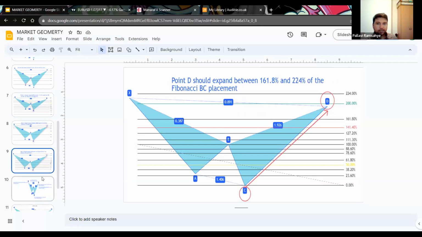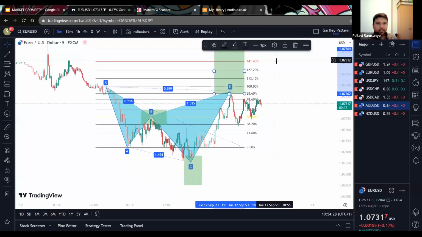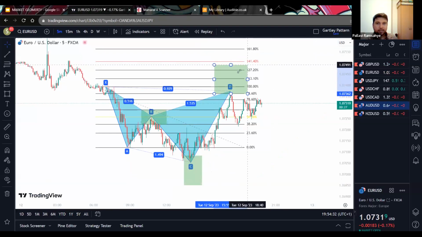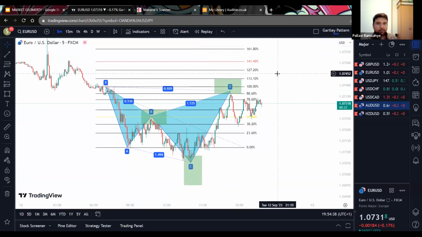Is that correct? So we're looking for the retracement, 113. So it's not that, it's this zone here. So 113.1%. Okay. So that's the zone that we're looking for the retracement.